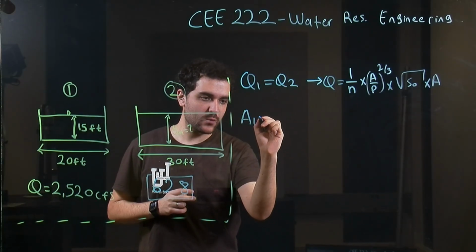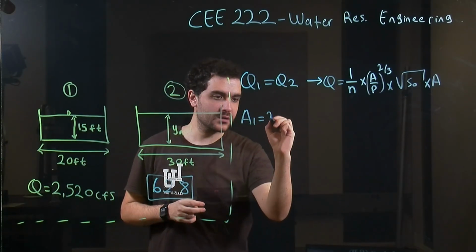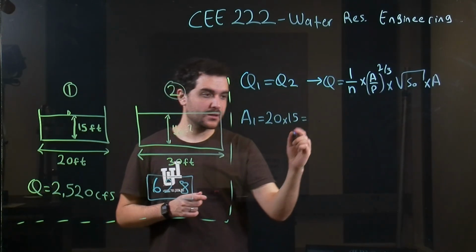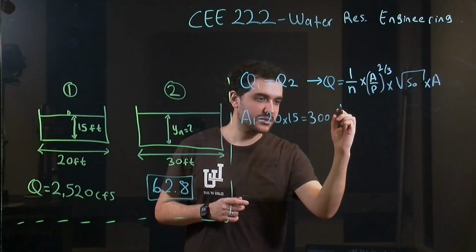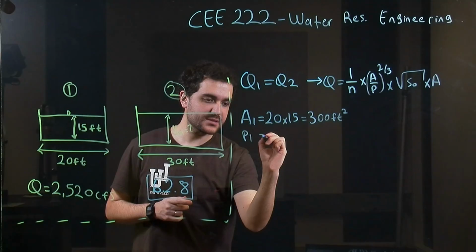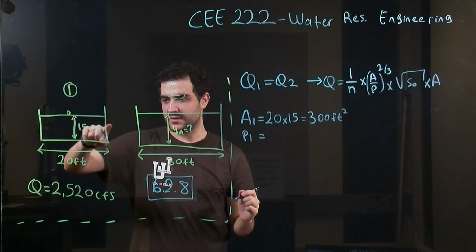And let's say A1 is equal to 20 times 15 feet, which gives 300 square feet. P1 is equal to, we have 20 and we have 15.